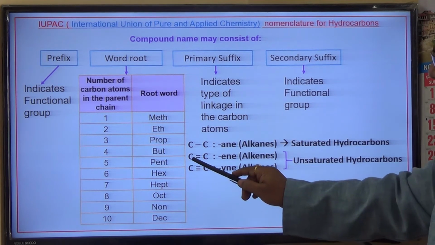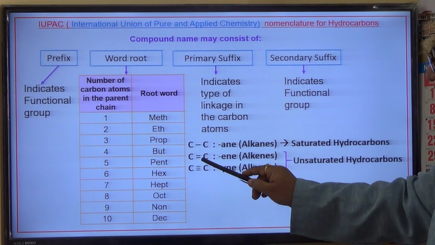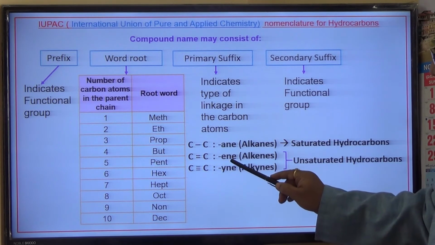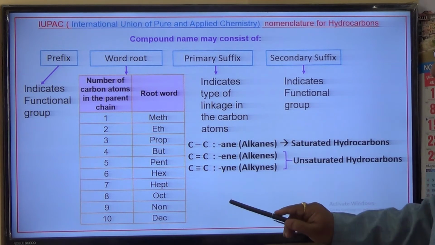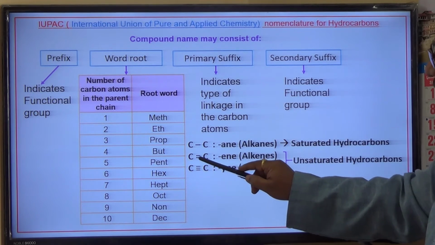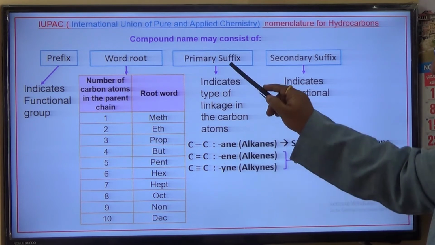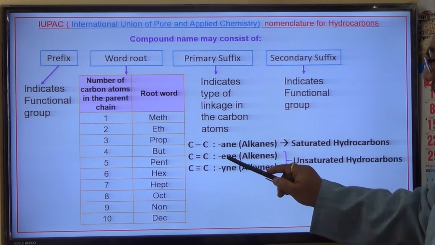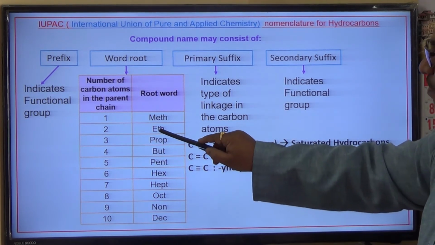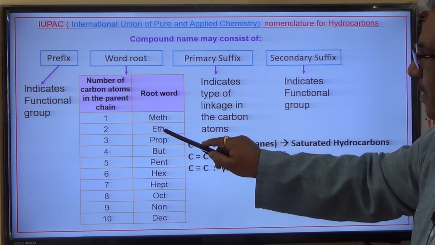If between two carbon atoms there is a double bond, then we use the suffix ene after the root word. In order to have a double bond, there must be two carbon atoms, and therefore the primary suffix ene should start with two carbon atoms, that is eth.